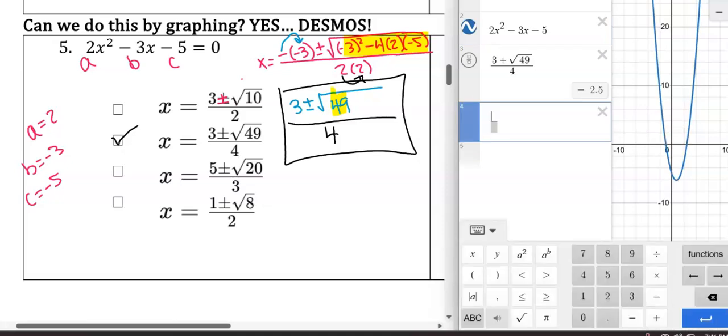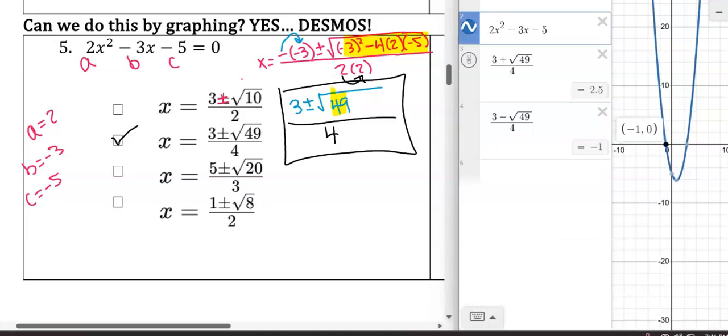And then if you typed it in again with the minus, you would get the other x-intercept. So this is how you can do it without knowing the quadratic formula at all. However, it really is just substituting the values and simplifying it as much as possible.